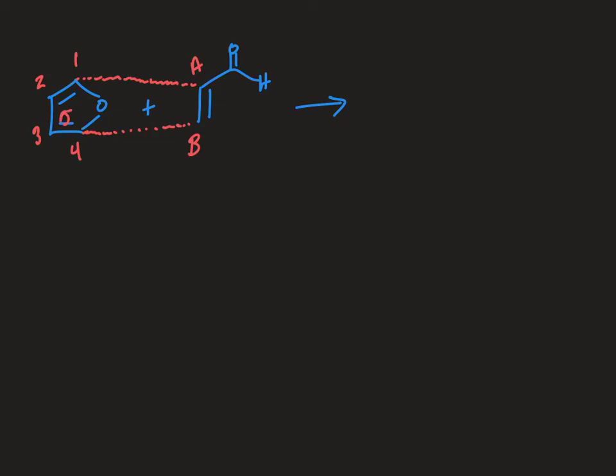My double bonds are going to shift around. So in my product between 2 and 3 is the new double bond. Here's carbon 1, here's carbon 4. Then I have the oxygen that's attached to both 1 and 4. So there's that oxygen.